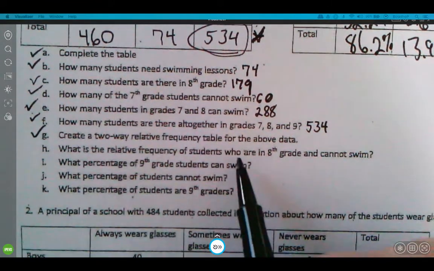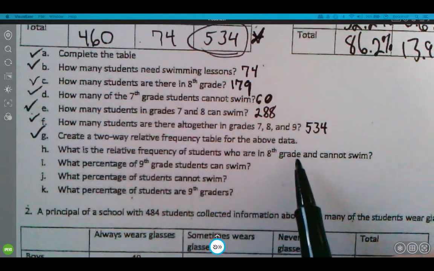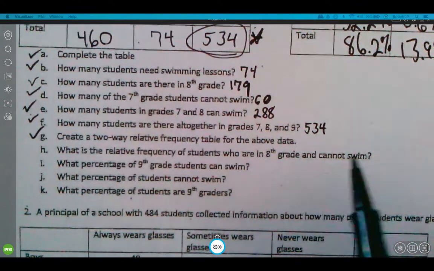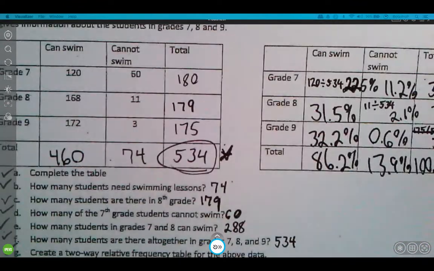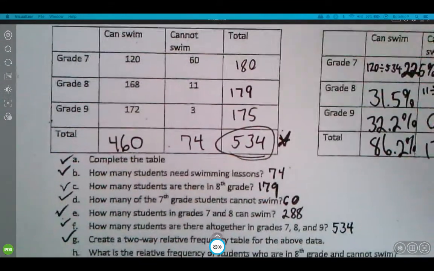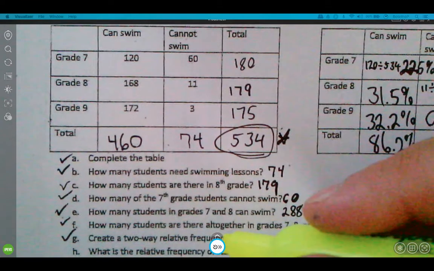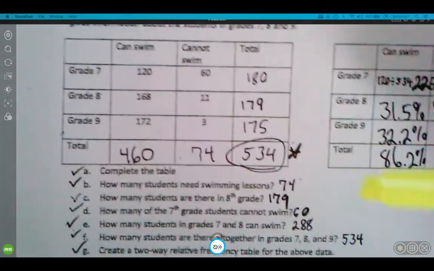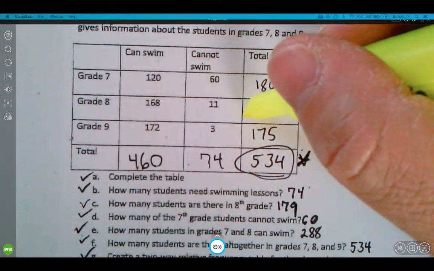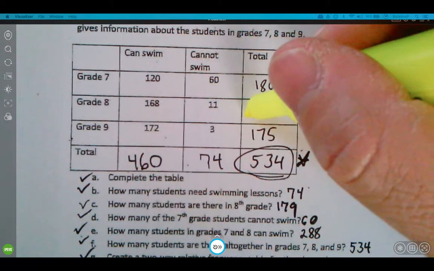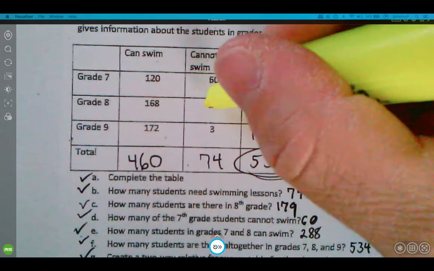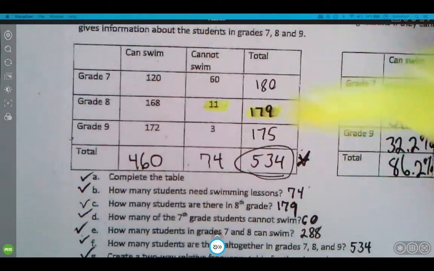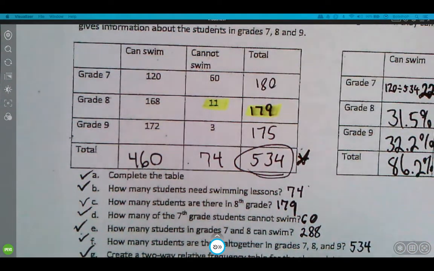Let me highlight the numbers you're looking at there. 8th graders is, I would say, 179. Then that cannot swim, I would say 11. So really what they're asking is, what percent of 8th graders can't swim?